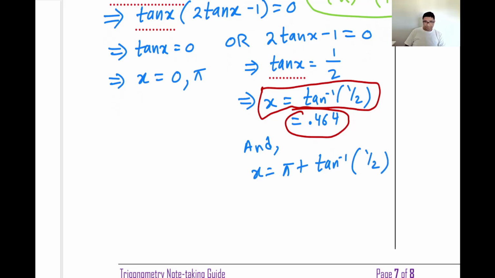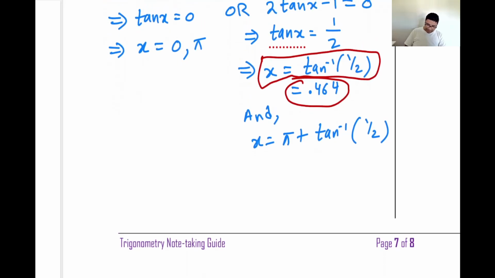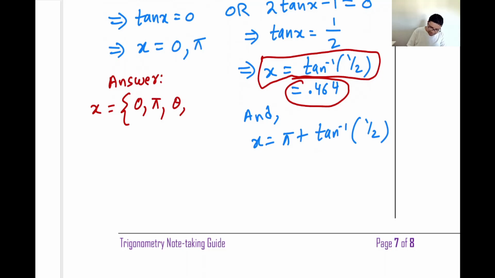Okay, and now combining everything, I will write the answer now. Answer to the question: solve will be x equals, I will put it in a set, 0, pi, theta, and pi plus theta.